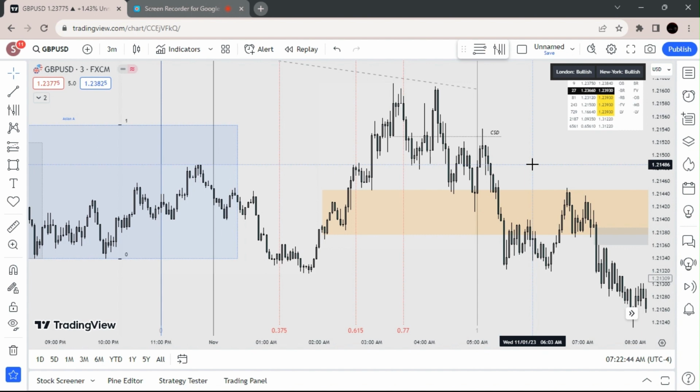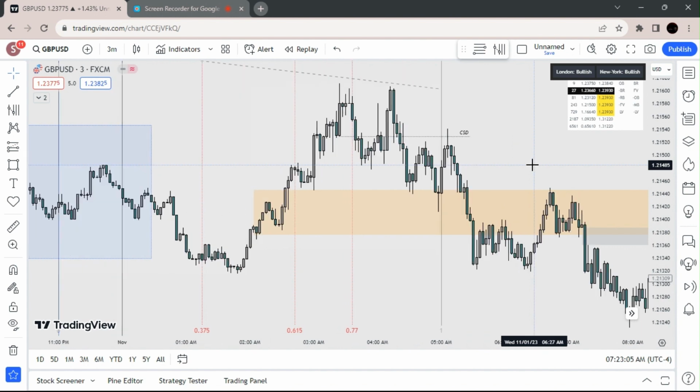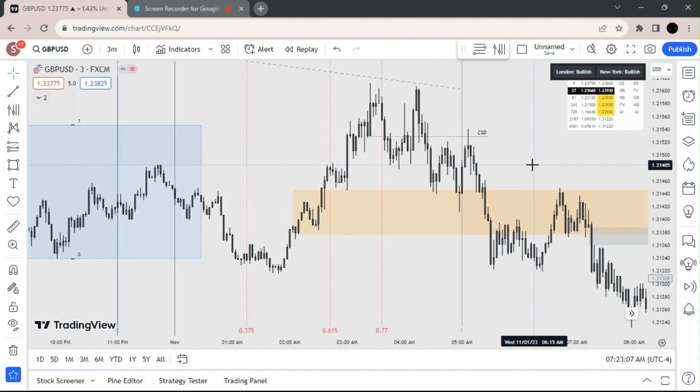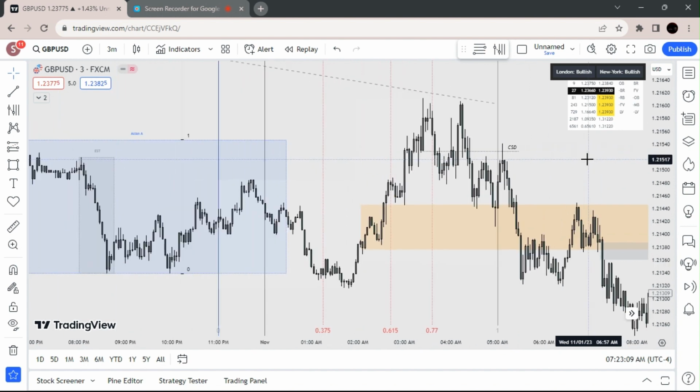Now, with Goldbach timings, normally you'll see our manipulation session create that lower high, and then you trade the opposite side of that. Or if that isn't the case, you'll see our distribution 1 or 2 create the higher low, and then sell off or pump, whatever direction, whatever our bias is for the day.